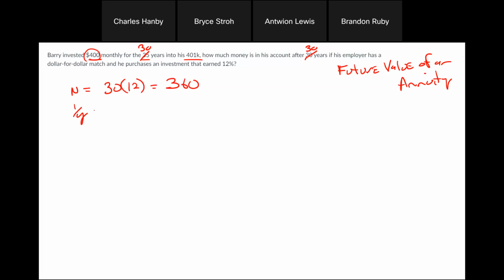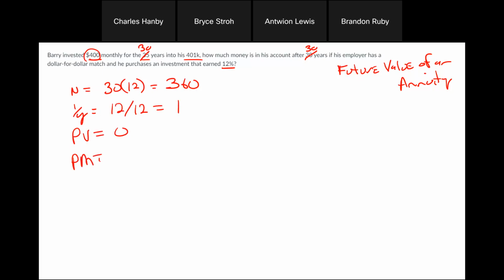I forgot to pull up the calculator. I'll do that in a second. This is on the BA II Plus. You enter 360 and press N. Then I/Y: we're doing months, so we need a monthly rate. We divide 12 by 12 and we get 1. Present value is 0 because there was nothing in the account when you started.